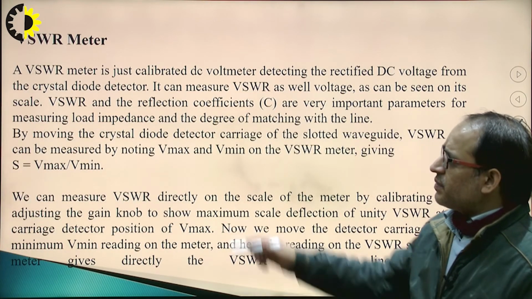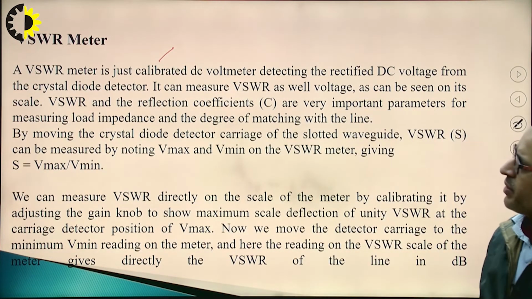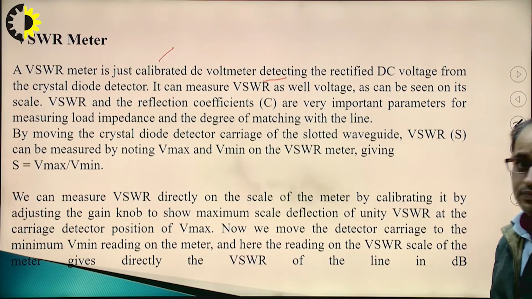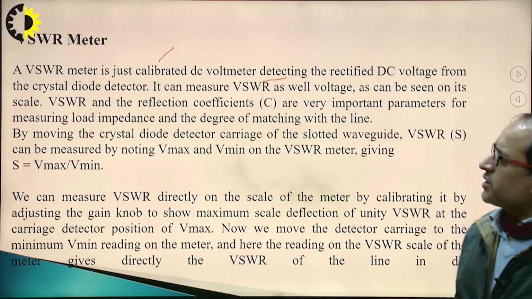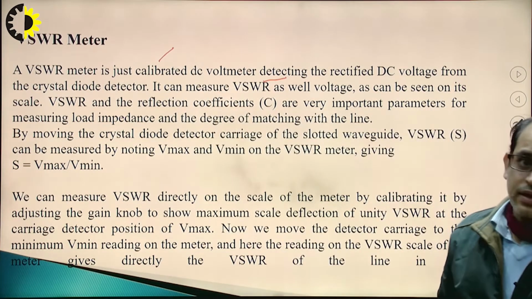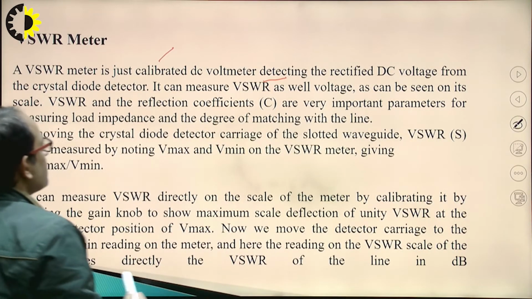Now the next topic we will discuss is the VSWR meter. VSWR meter is what? It is just a calibrated DC voltmeter detecting the rectified DC voltage from the crystal diode detector. It can measure the VSWR as well as the voltage.